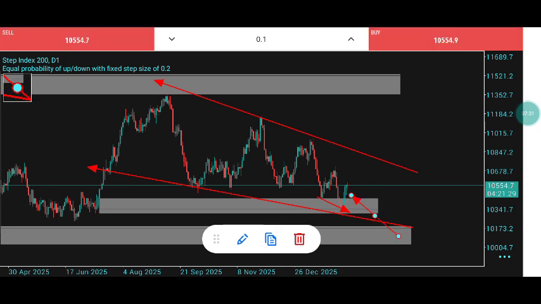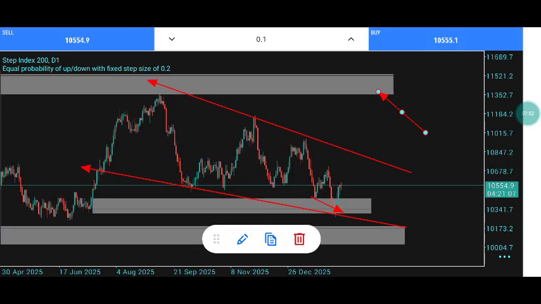Or else, this might act as the first bottom, then it comes back to this region again to make the second bottom, and it becomes a double bottom. Those are my expectations, but I know it's going to go up. That's how we do our analysis.